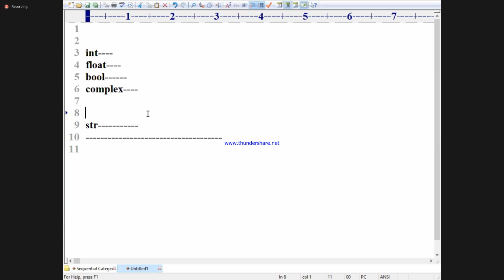What is the typecasting definition? The process of converting one type of value into another type of value. One example: convert an int value into float, bool, complex, STR value. Another example: float value converted into int, bool, complex, STR. Like that, every data type converted into other types is called what?